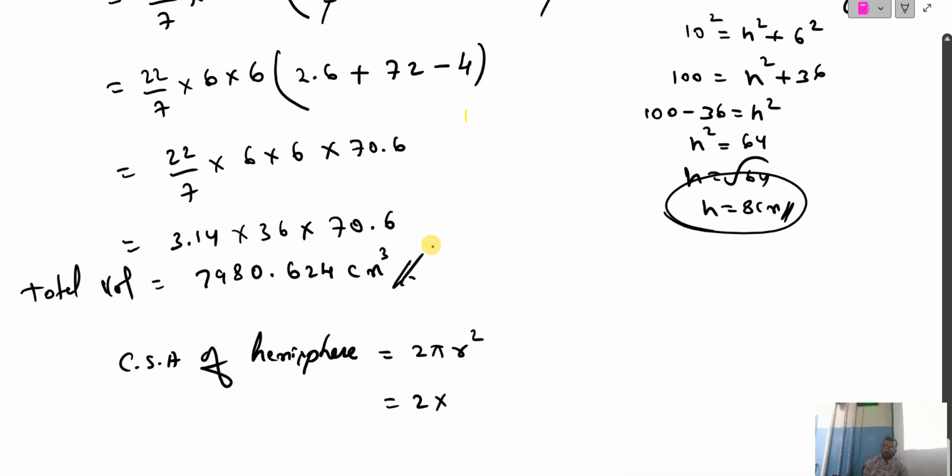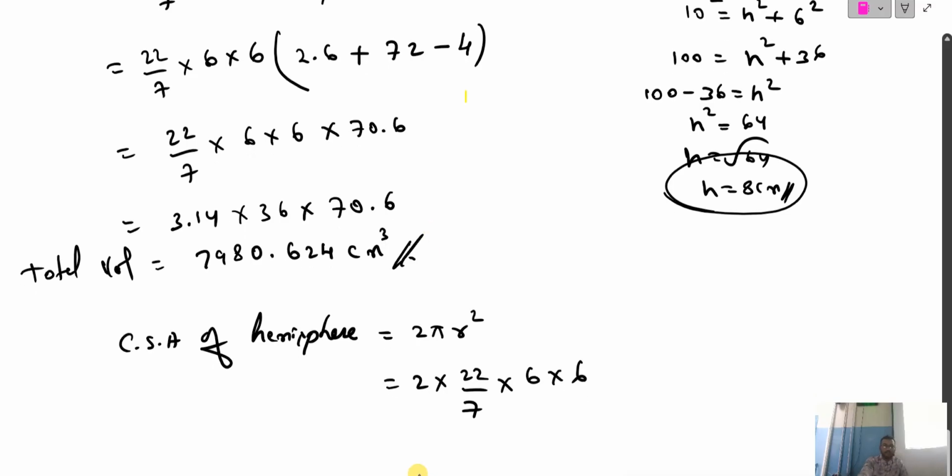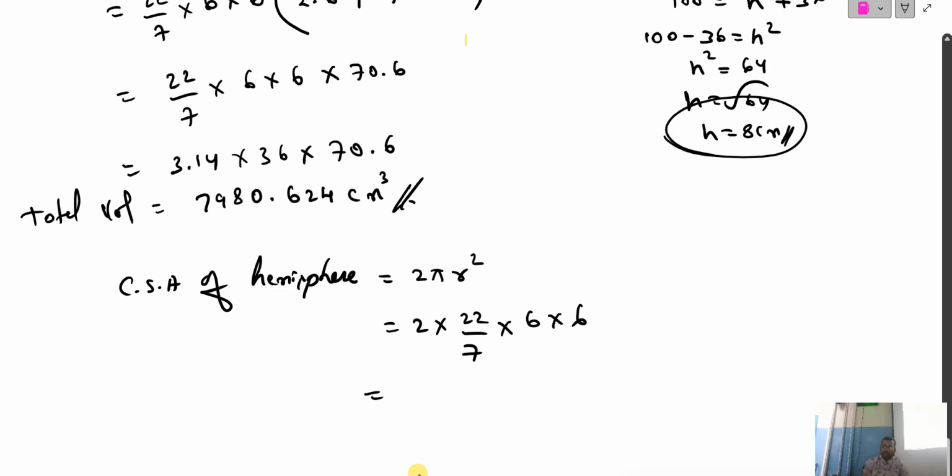2 into pi, which is 22 by 7. Radius is 6 into 6. Am I right? Yes. Isn't it? Now 2 into 22 by 7, we can take it as 3.14. 6 into 6, that is 36.